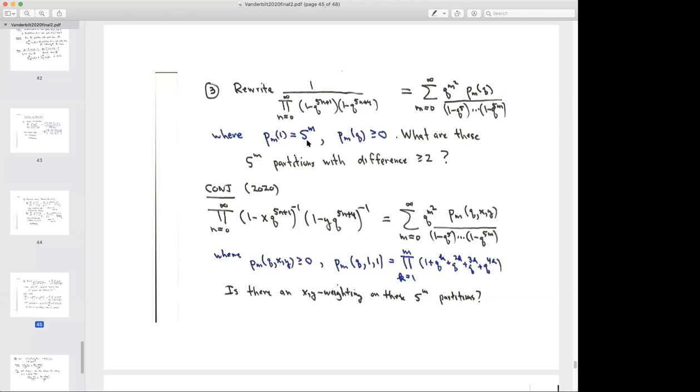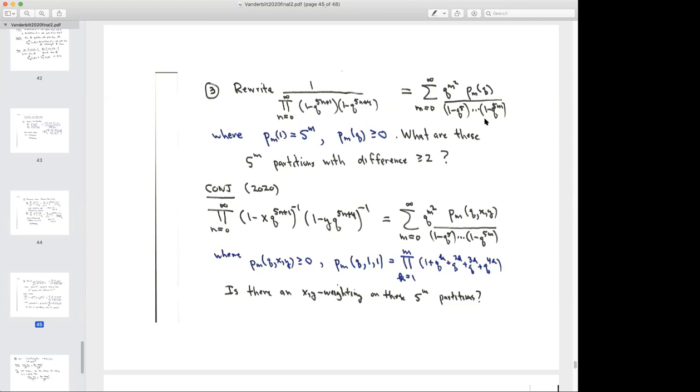There are 5 to the m partitions in there. We know what they mean with difference 2. They tell you the multiplicities of the columns, mod 0, 1, 2, 3, and 4. We'd like to realize these 5 to the m partitions in terms of 1s and 4 mod 5s. Then we can match them over here, and we'd have a bijection.